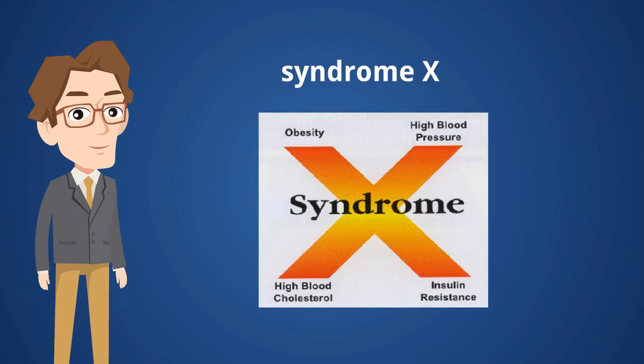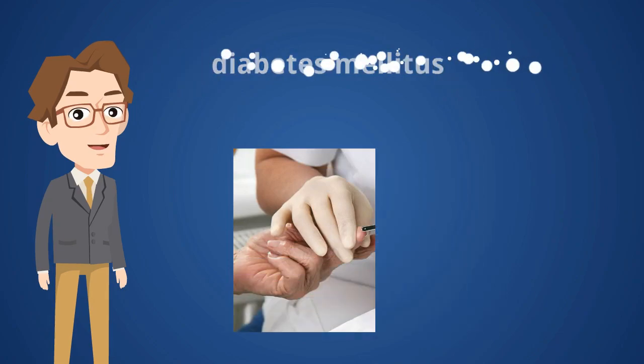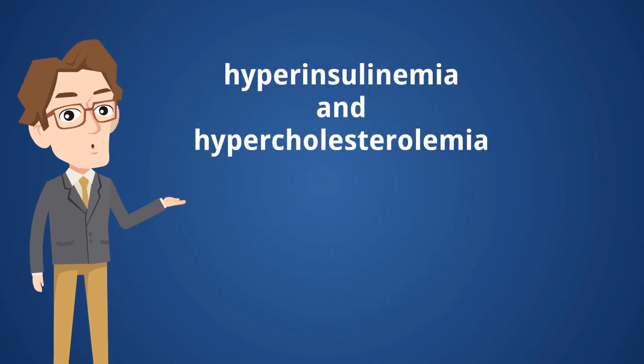Low weight adults had a high prevalence of syndrome X, coronary heart disease, diabetes mellitus, hyperinsulinemia, and hypercholesterolemia.